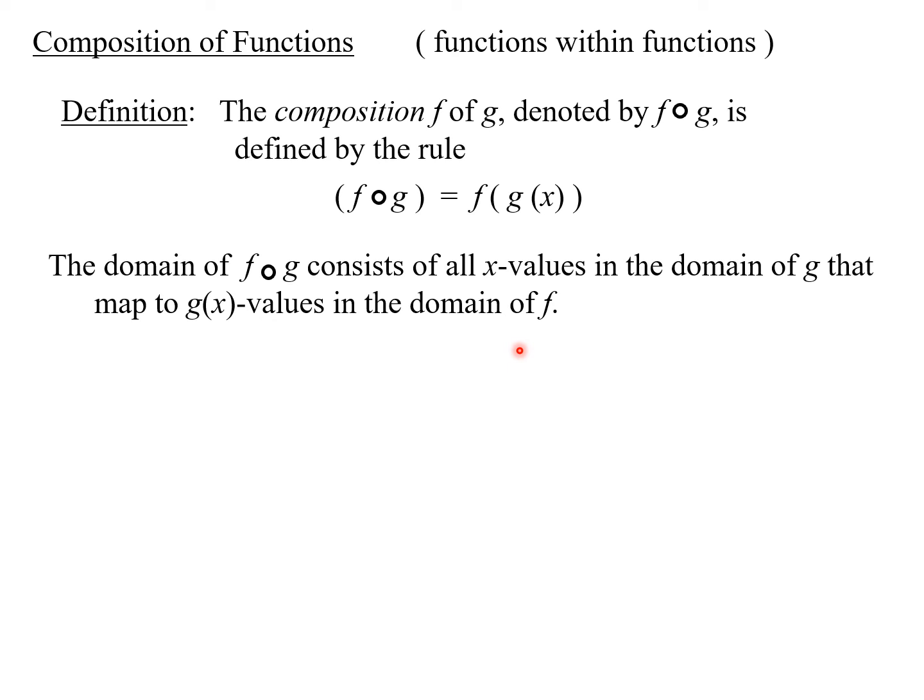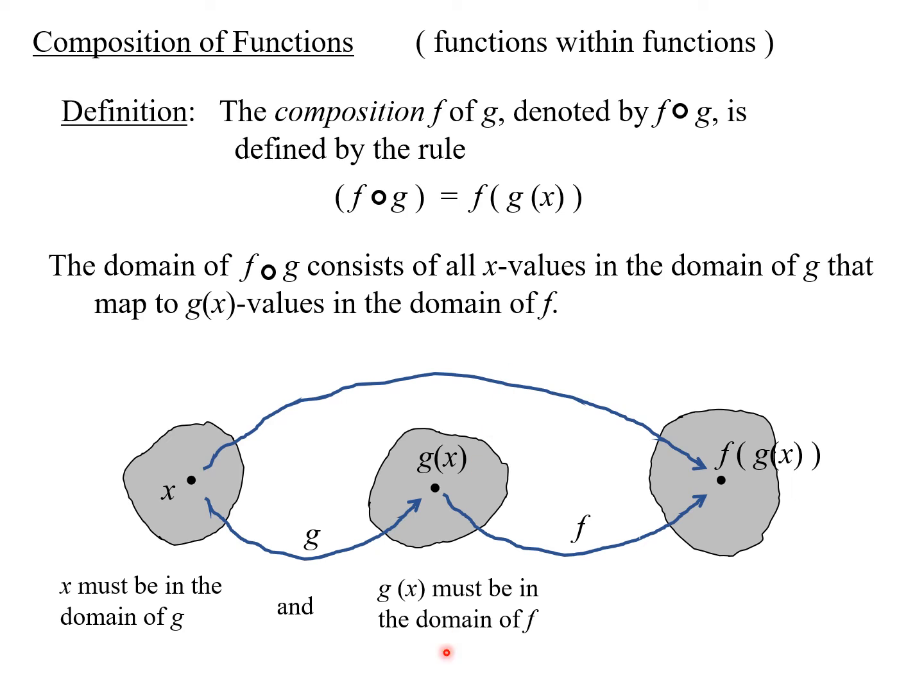So it has to be in both domains, once again. And writing it out in kind of pictures can be this. So x has to map to g of x, and the g of x has to be in the domain of f. What do we mean by this? We'll see with further examples.